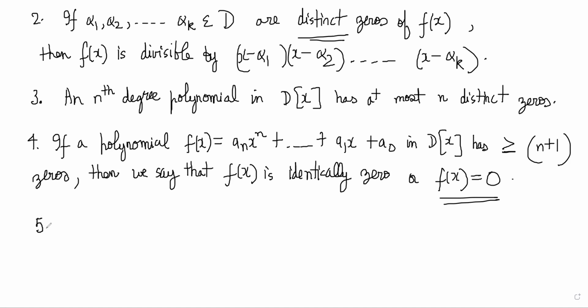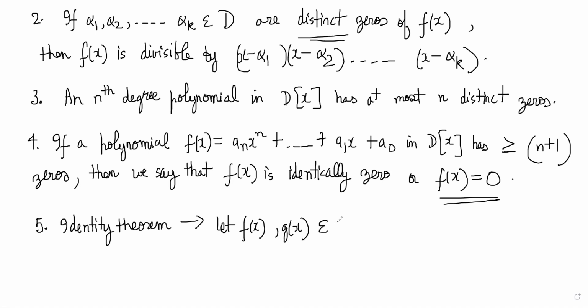The next idea is a consequence of the previous one, which is known as the identity theorem. It says, let f of x and g of x belong to the set D of x.